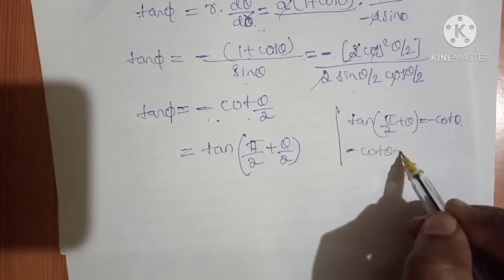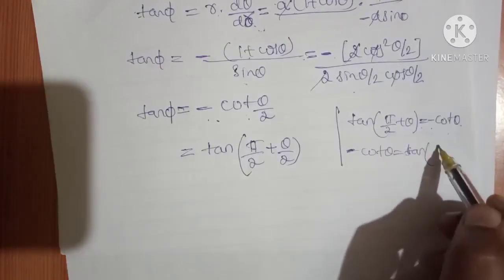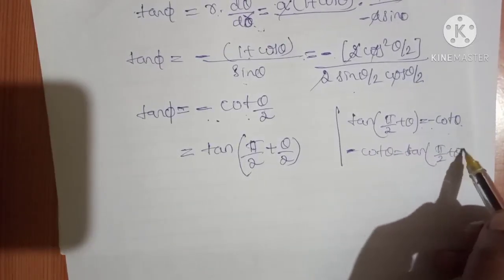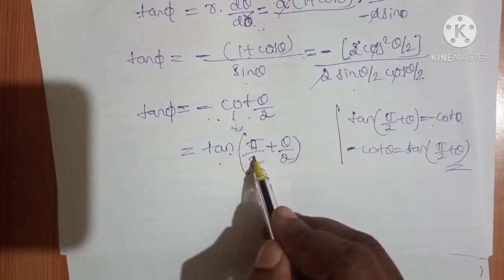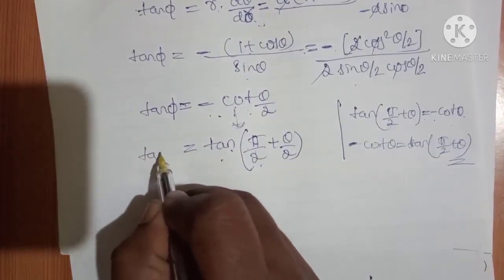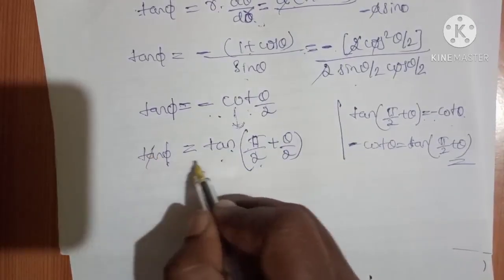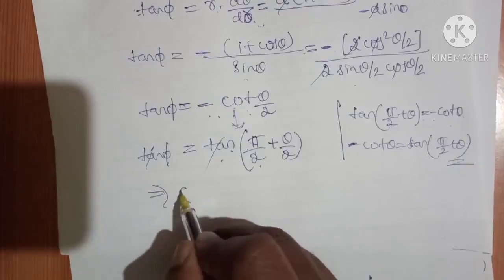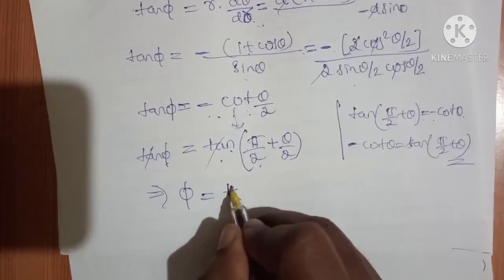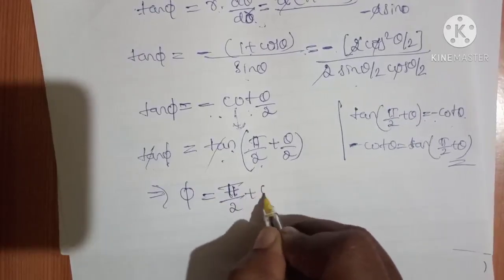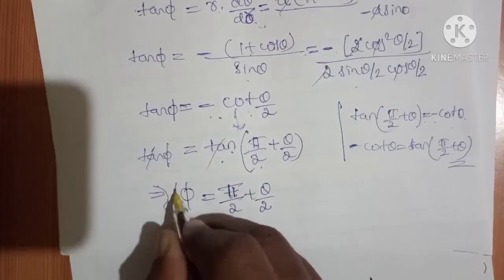So this can be written as tan of pi by 2 plus theta by 2. Here tan cancels on both sides, we get phi equals pi by 2 plus theta by 2.